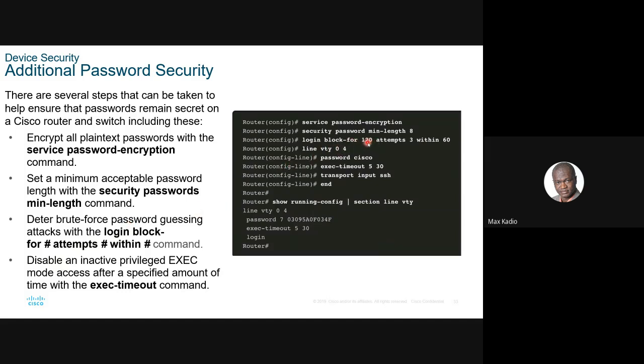It means this one is 2 minutes. If you try 3 times in 1 minute, so in 1 minute you try one password 3 times, it will lock you out to block the system for 2 minutes. So 120 is in seconds. Everything here is in seconds. So be careful. If you use that command, make sure you know your password.